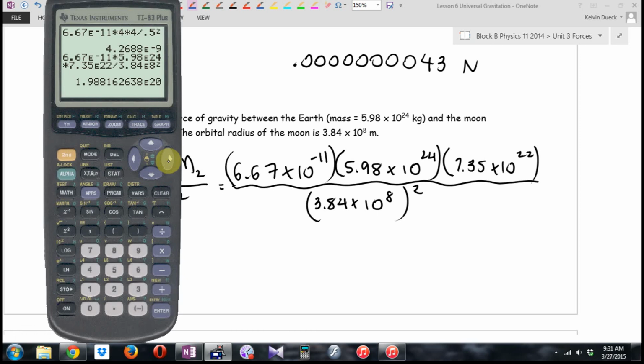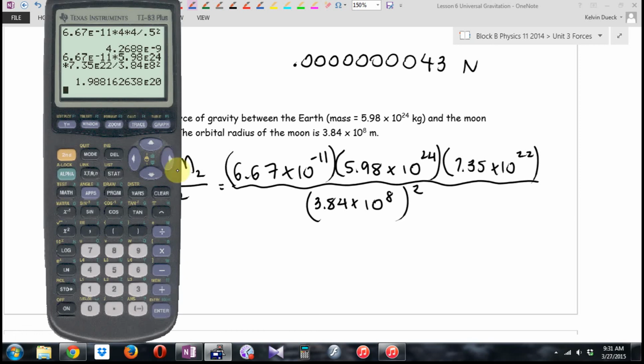Okay. It's a pretty big force holding the Moon and Earth together. 1.99 times 10 to the 20th. Am I right? So yeah, okay. If you didn't, look for typos. If you still can't find it, give me a holler. I'll pause for a second here. Spencer, do you want me to look at yours or not?